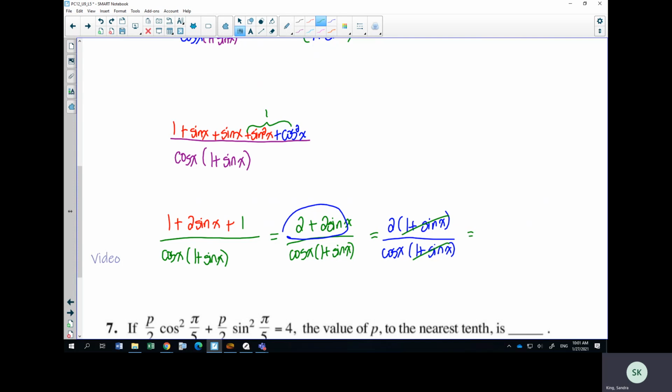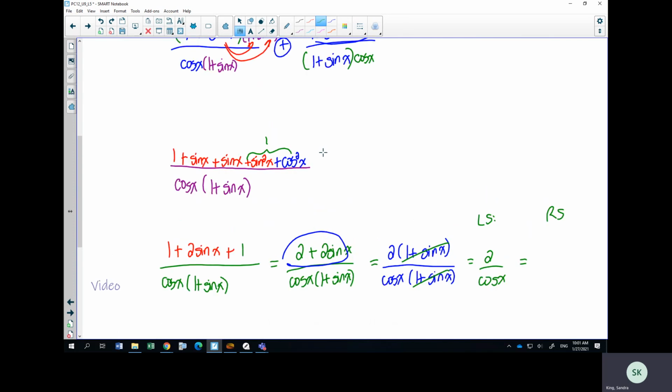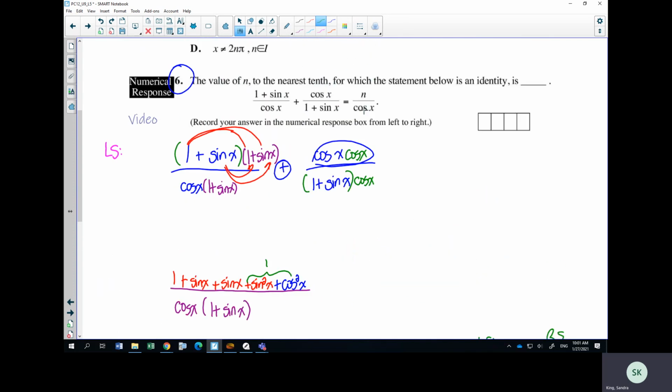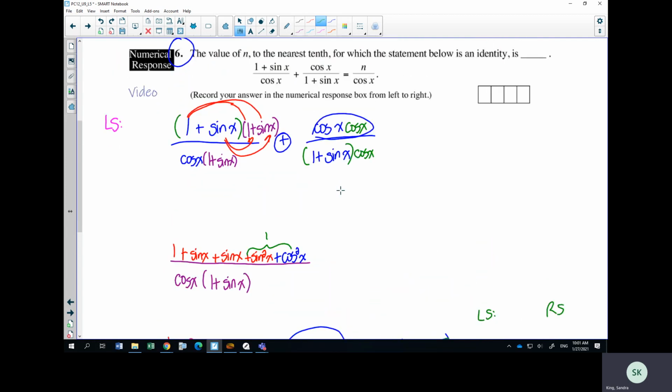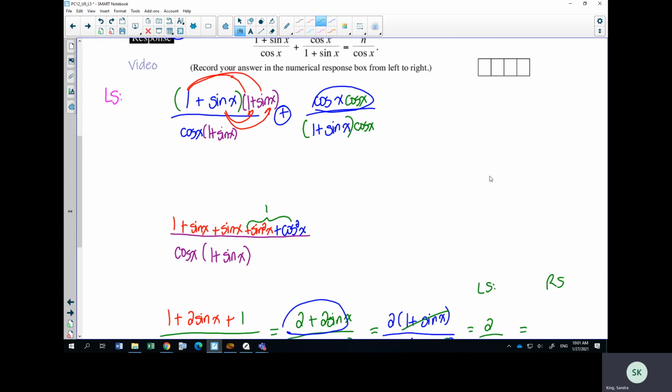What we are left with on the left-hand side is 2 over the cos of x. The right-hand side, if I go back up, was n over cos of x. So I cleaned this up, right? The left is 2 over the cos of x, and the right-hand side is n over the cos of x.